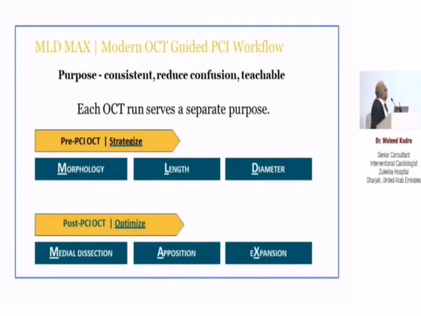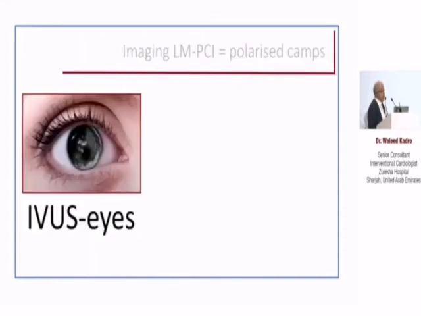The MLD means assess the morphology of the plaque, the length of the plaques, and the diameter. That will give you the plan to which size to do pre-dilation and the stent. And the post-PCI OCT for the optimization, you look for the MAX: medial dissection, that means the edge dissection, especially at the proximal part of the stent, the apposition of the stent, and the expansion of the stent.